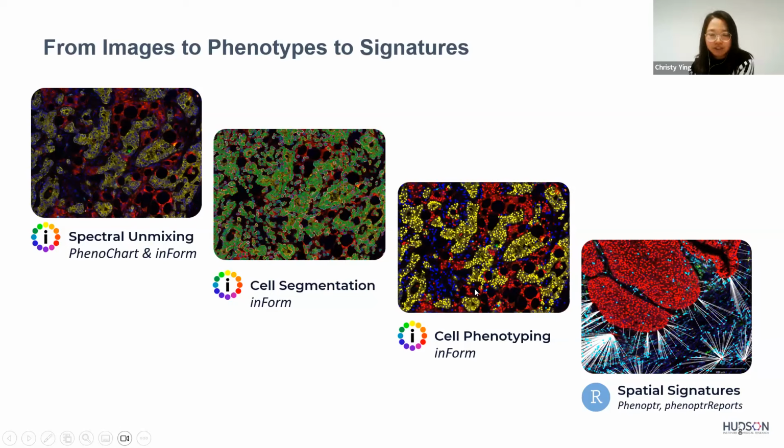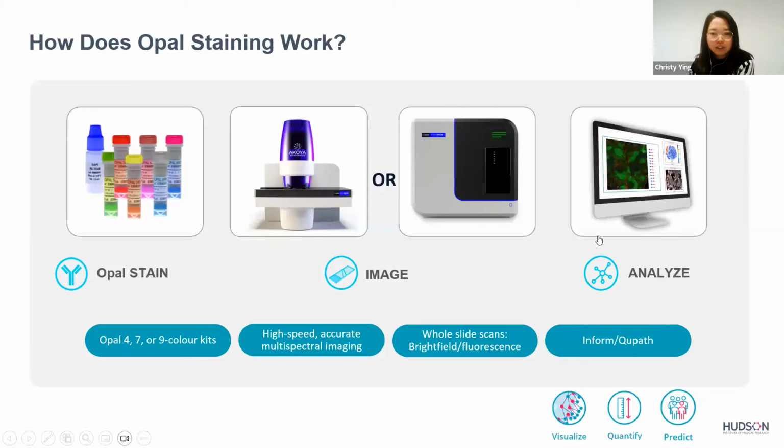With all this information ready in hand, we could further do more analysis using spatial signatures, but that would be done in different software. We could also apply third-party software, for example QuPath, to do more analysis, but I won't give too much detail on those.